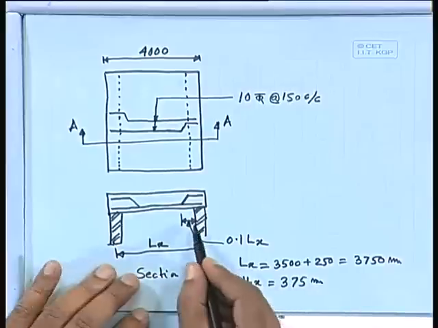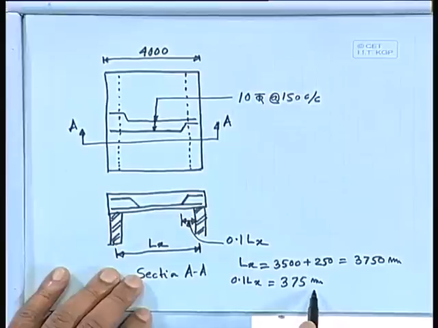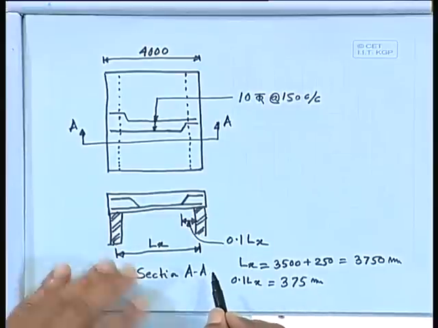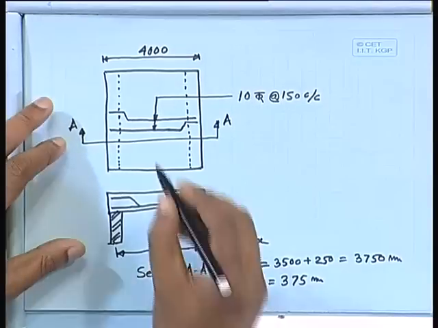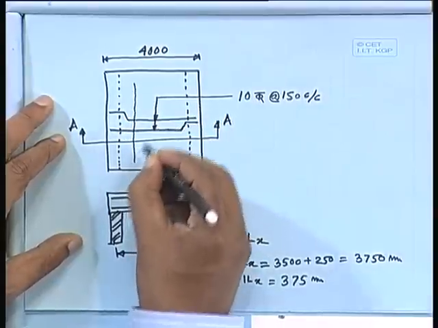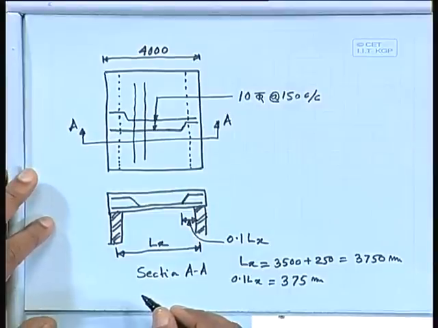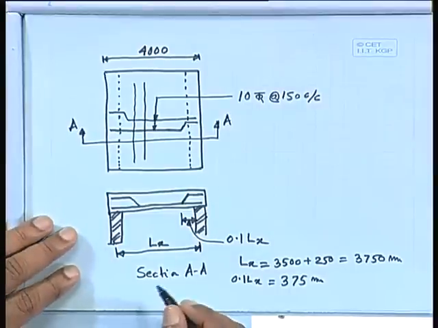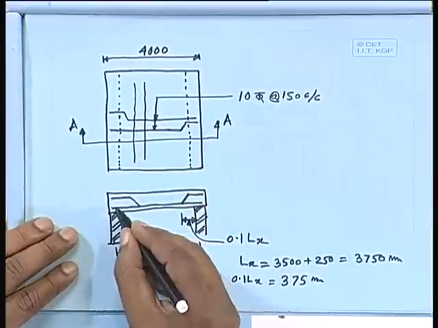So, from the end of the support you will crank at 375 millimeter, and both sides you will do it like that. But we have to provide the distribution steel also, and since you are cutting this section, we shall get it like that.